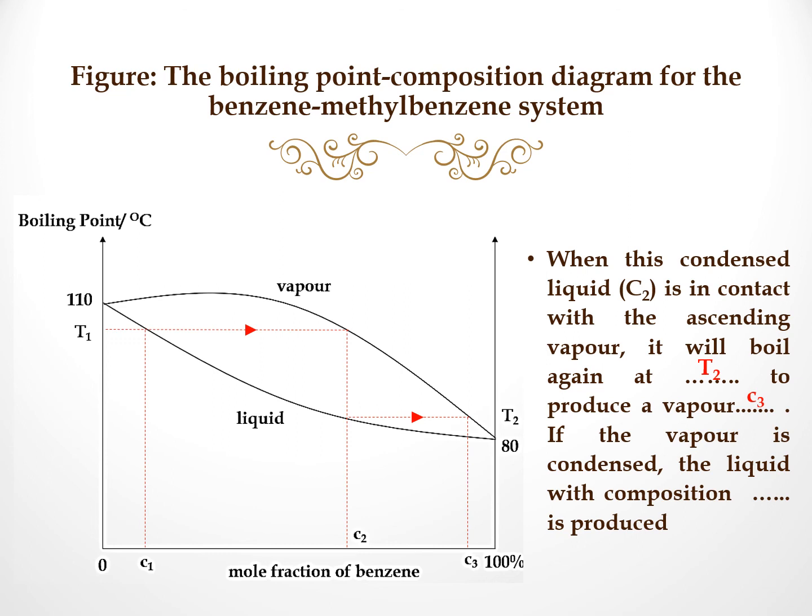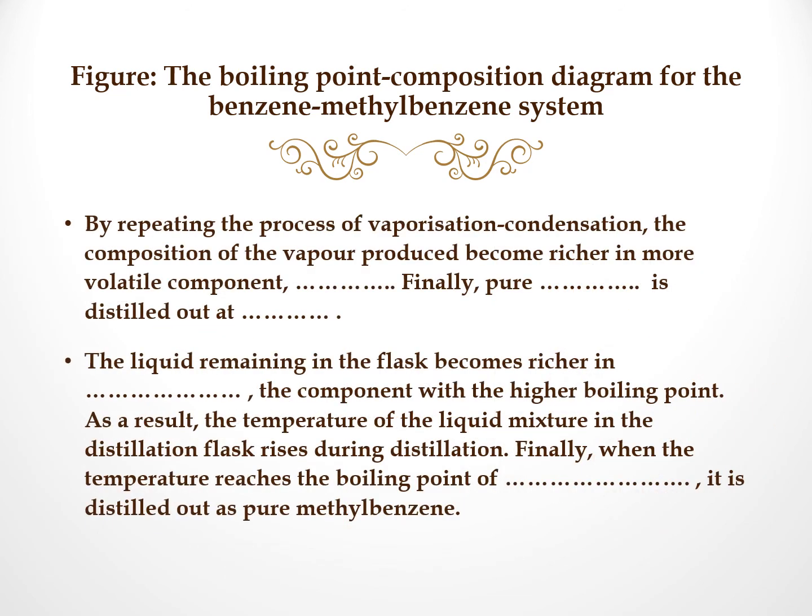If the vapor is condensed, the liquid with composition C3 is produced, the same composition. So by repeating the process of vaporization and condensation, the composition of the vapor produced becomes richer in the more volatile component, benzene. Benzene has the lower boiling point.